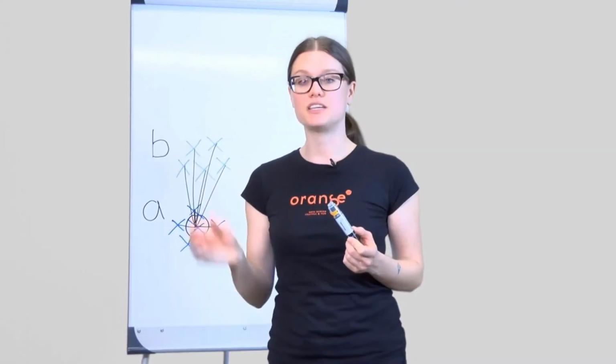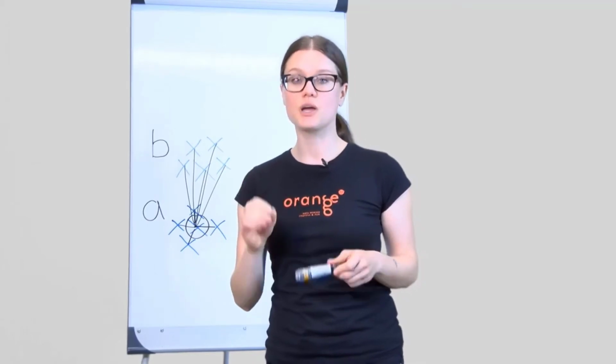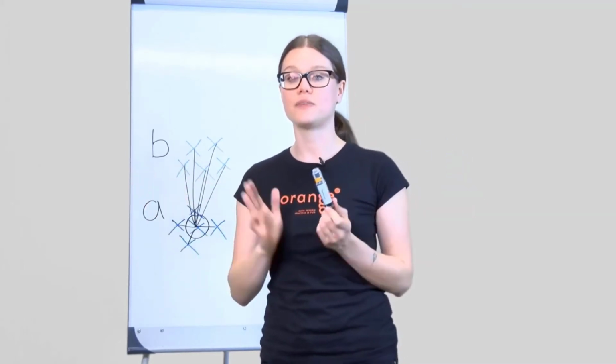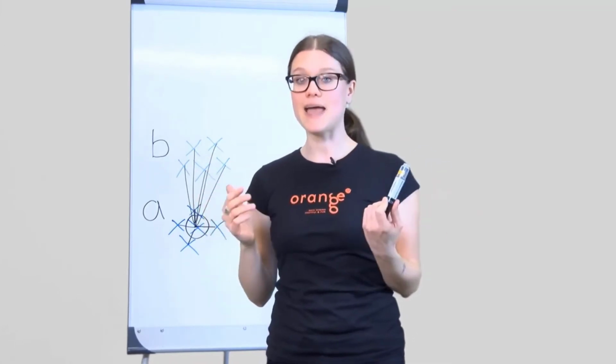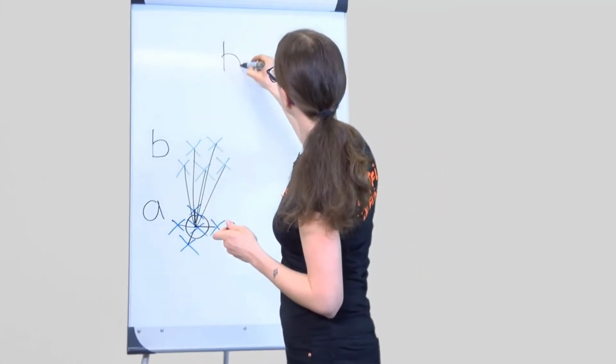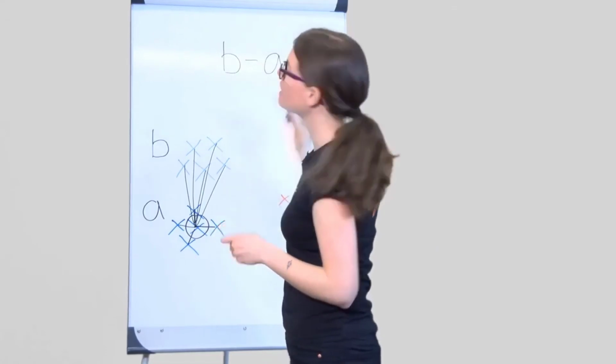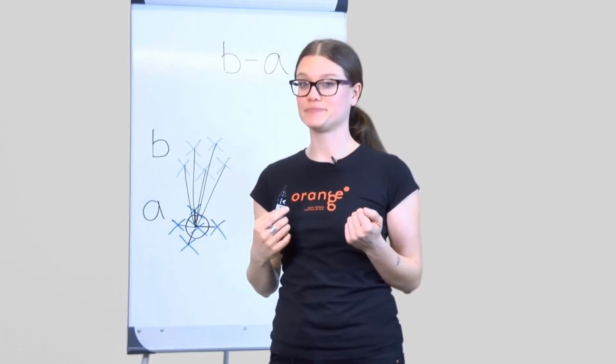If our data point is well grounded in its cluster, B needs to be large and A small, so that the difference between them, B minus A, is as large as possible.